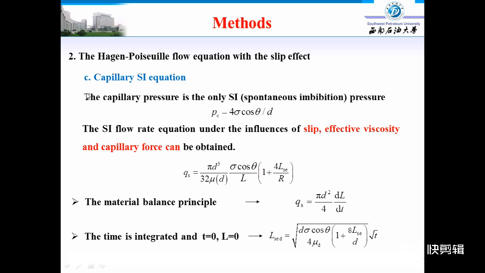On the basis of the momentum balance, by integrating the time and substituting the boundary conditions, the capillary imbibition length Lse can be obtained.